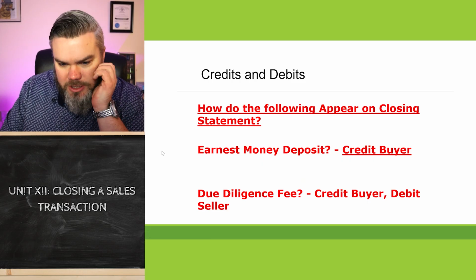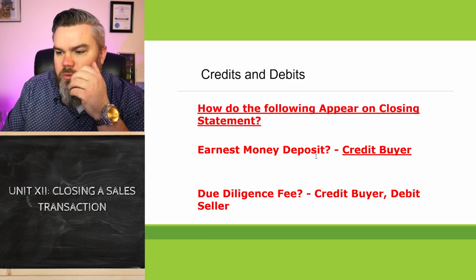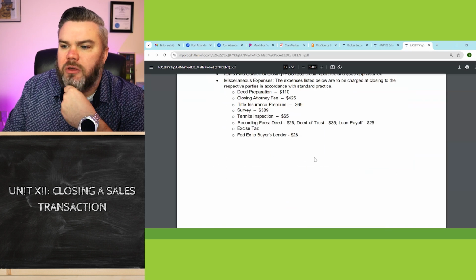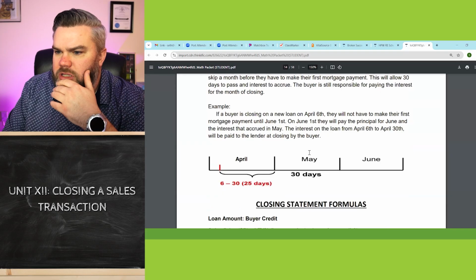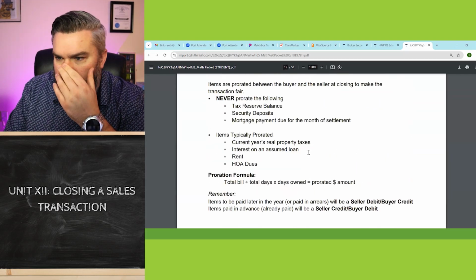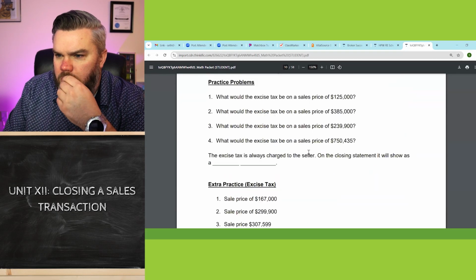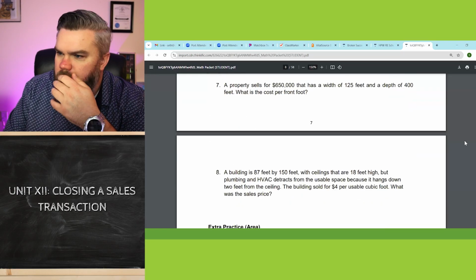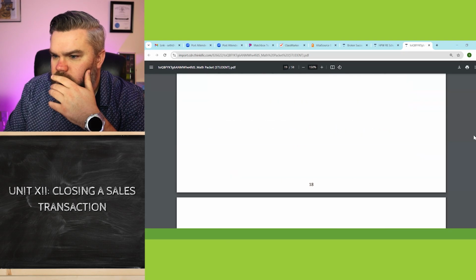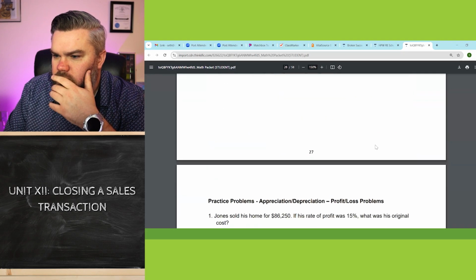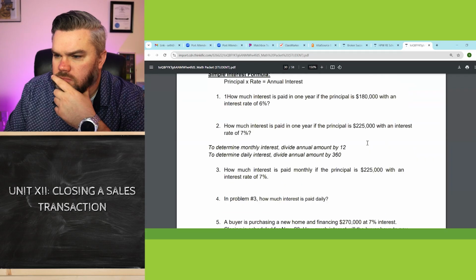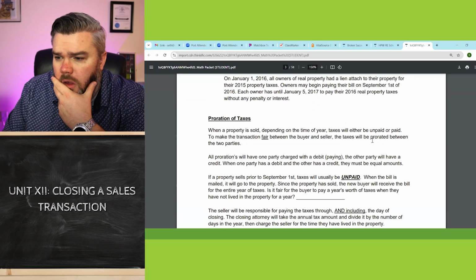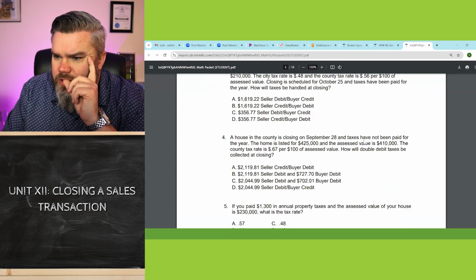For example, folks, let me just show you that math packet once again really quick. We've already done some of this math early on in the course, but if you just look at some of the proration math, these are what the answer choices are going to look like.